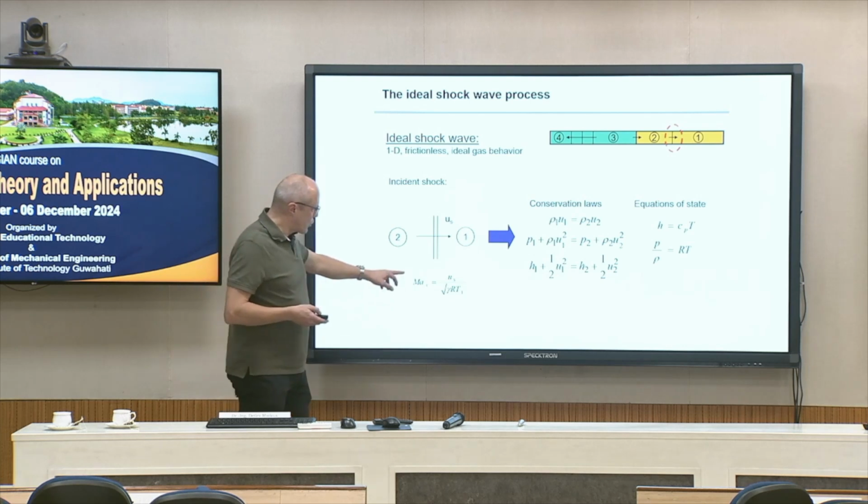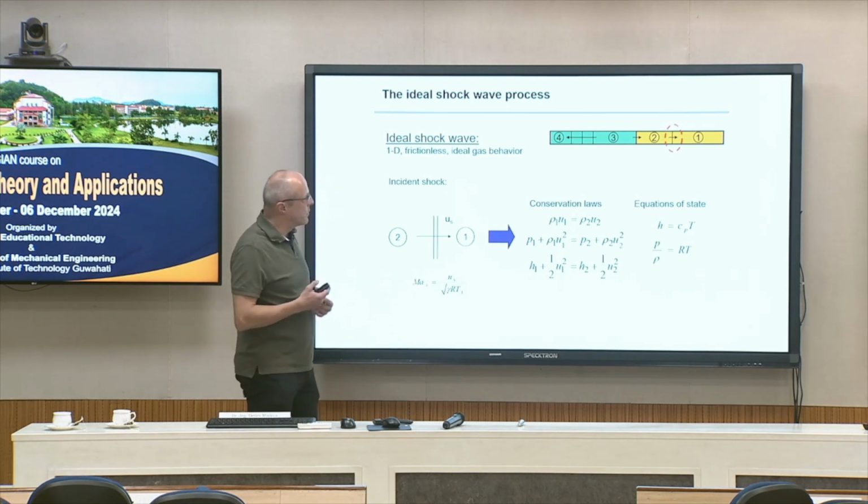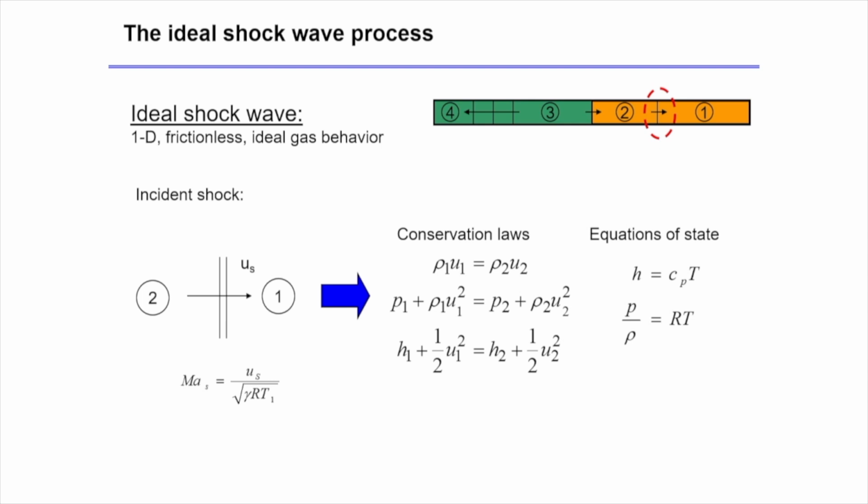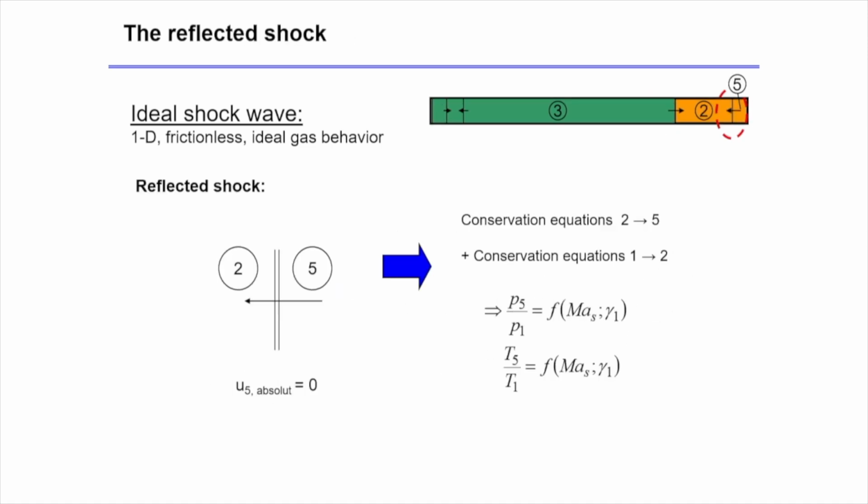Another important quantity is then the Mach number of the shock, which depends on the velocity of the shock and the temperature, gas constant, and isentropic exponent.